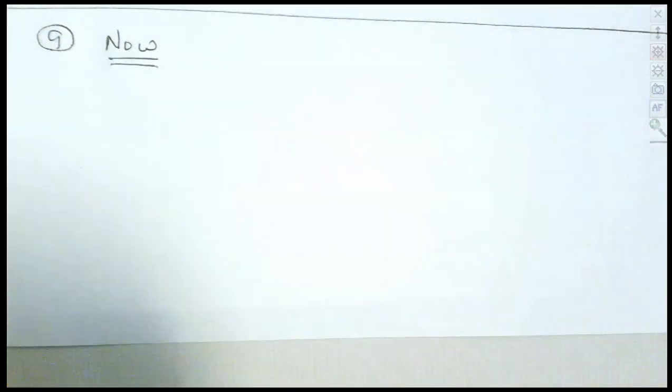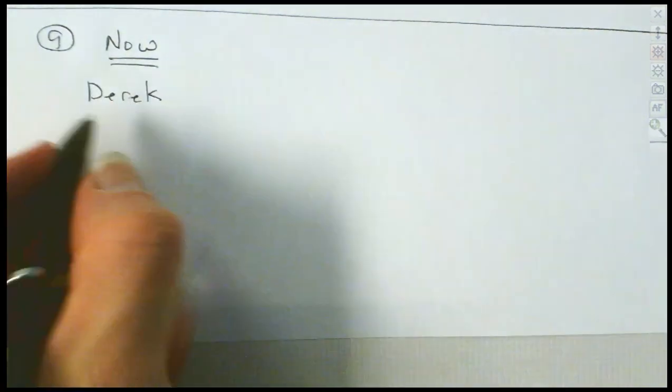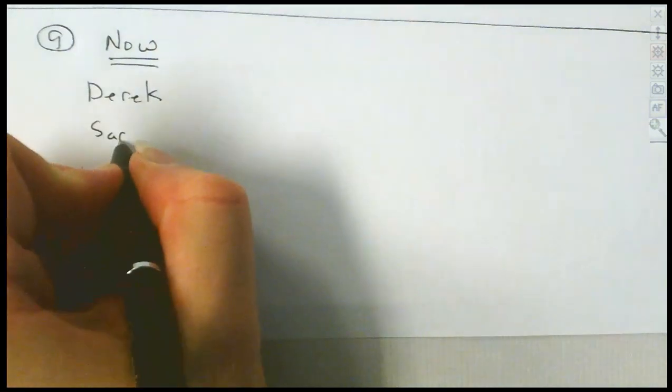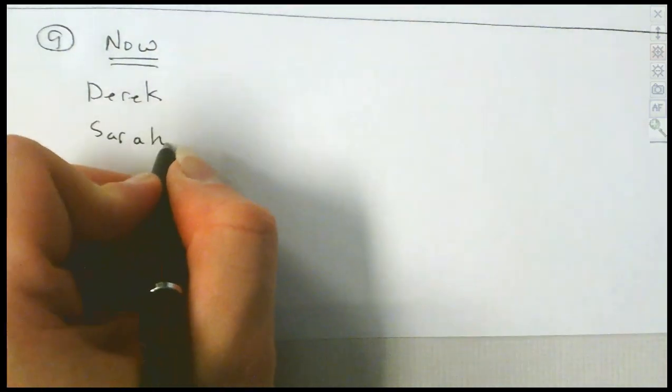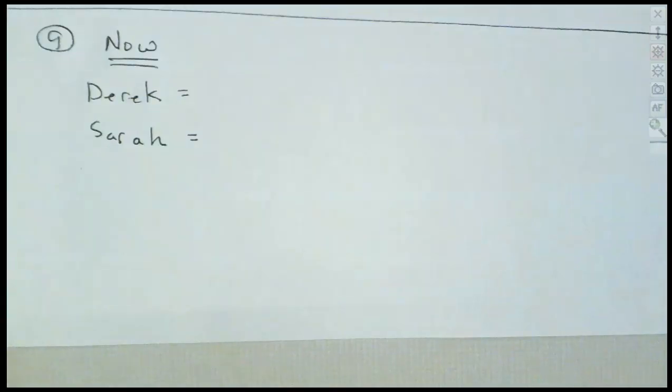So let's talk about how they relate to each other right now. Right now, we've got 2 individuals. We have Derek and we have Sarah. So what do we know about Derek and Sarah?